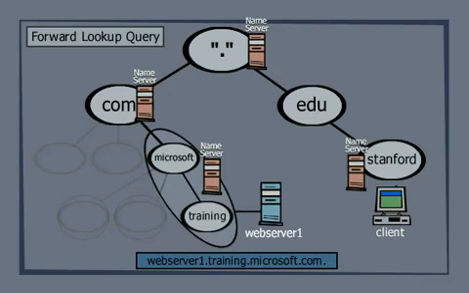This example shows a forward lookup query from a client to find the IP address of web server 1 in the training.microsoft.com domain. The client queries its local name server for the IP address of webserver1.training.microsoft.com. The local name server checks its zone database file to see if it has authority for that domain.